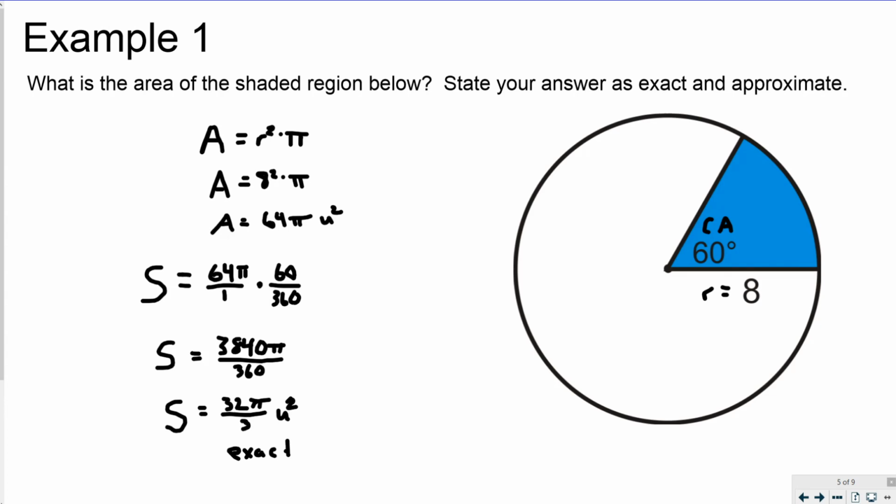If I want to approximate it, I would say that that's approximately 32 divided by 3 times pi. I know that you guys can't see it, but I'm using my calculator in order to make these calculations. So multiplying 32 by pi and dividing by 3 gets me an approximate sector area of 33.5 when it is rounded, units squared.